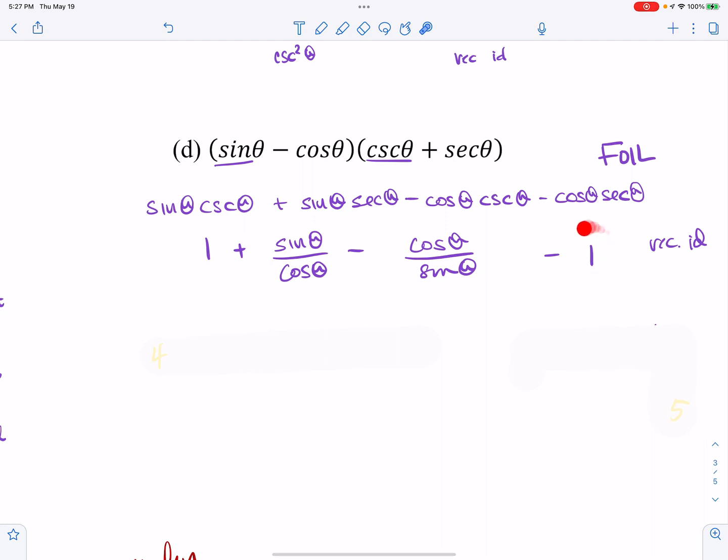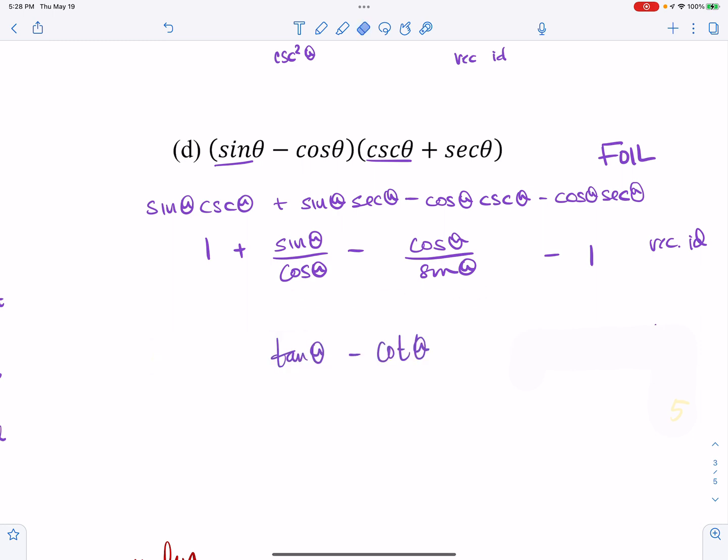You notice that the exact same thing occurs down here at the end. Cosine and secant are also always reciprocals of each other. And then the minute you've got a 1 minus 1, those two are going to go away. They are going to just zero each other out. So that all I'm left with are these two terms right here in the middle.